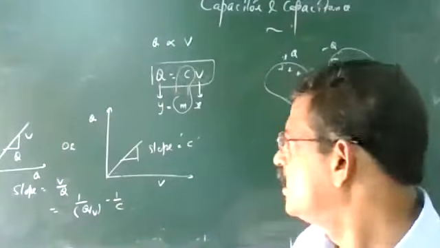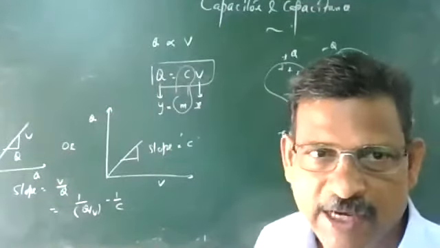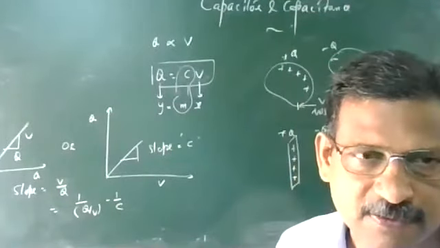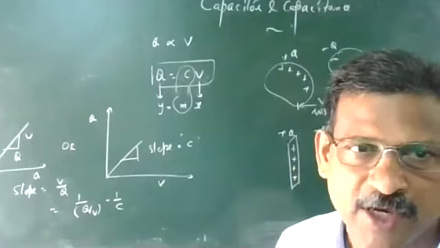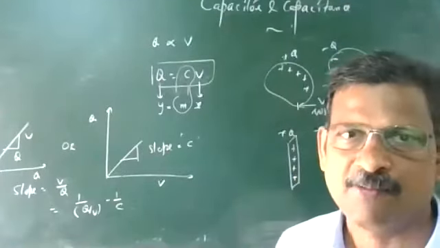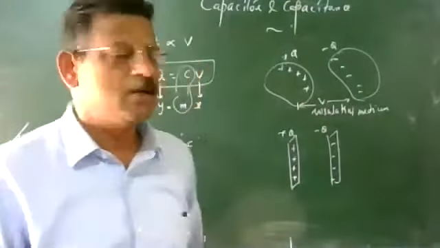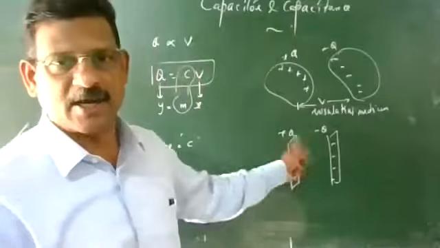So next, depending upon the shape of the conductors that you take, we have different types of capacitors. First type of capacitor we are going to discuss in detail is the parallel plate capacitor. Parallel plate capacitor means the two plates are arranged parallel.